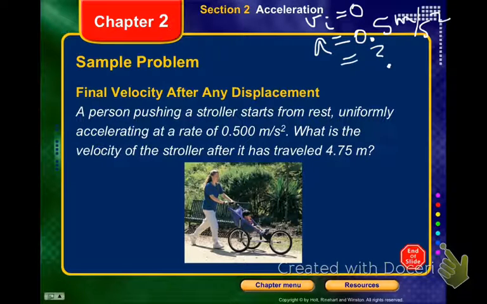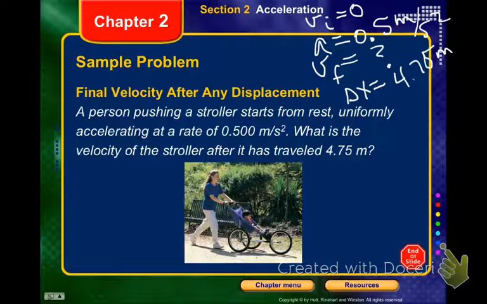What's the velocity of the stroller after it's traveled, so we are looking for final velocity. And it has actually traveled 4.75 meters. So that is going to be our distance, or delta x.